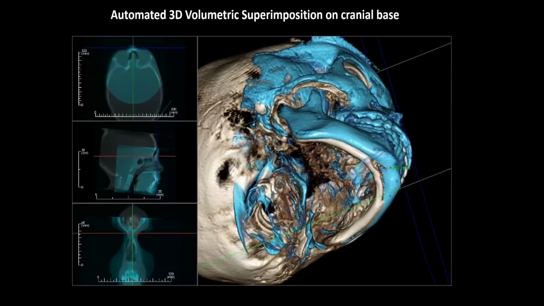The value of superimposition. How do we learn orthodontics? Well, we learn orthodontics from studying data sets and from understanding growth and from understanding before and after treatment results, right? So there's something called superimposition. Now, of course, the value of superimposition is going to be much greater using 3D data than 2D data, right?